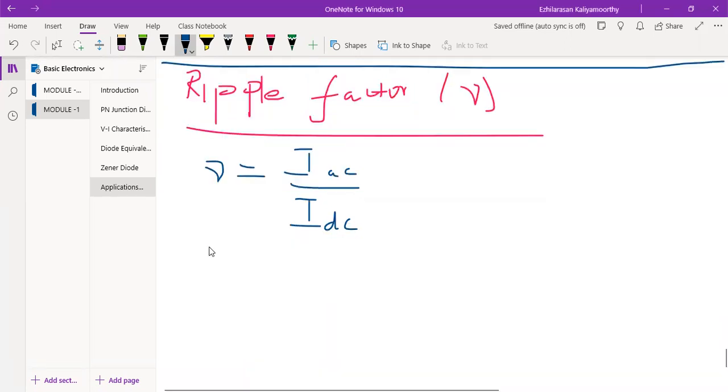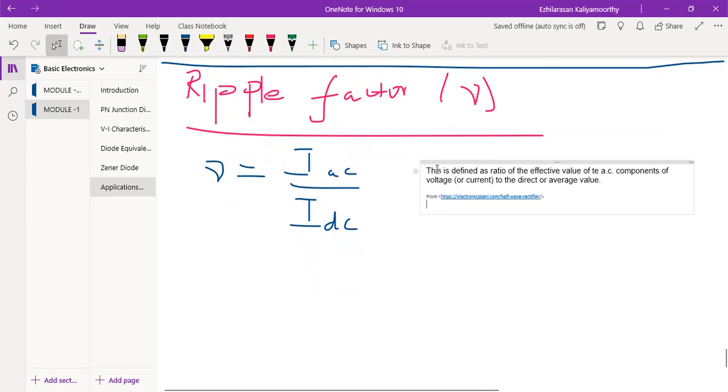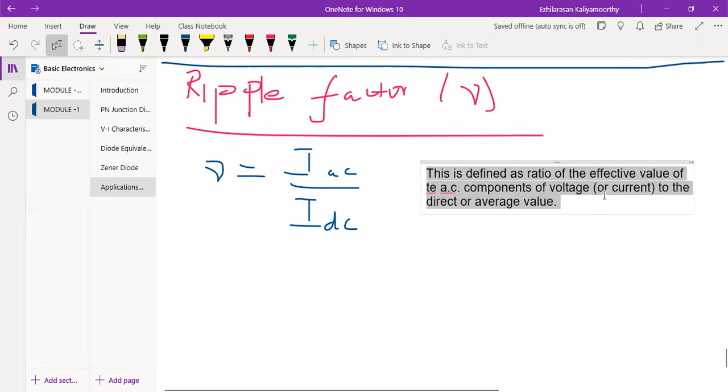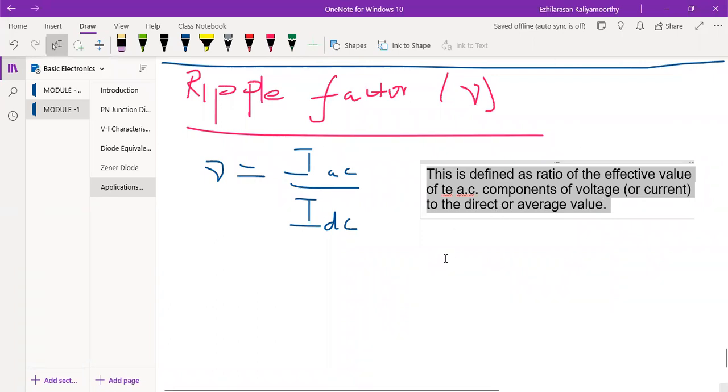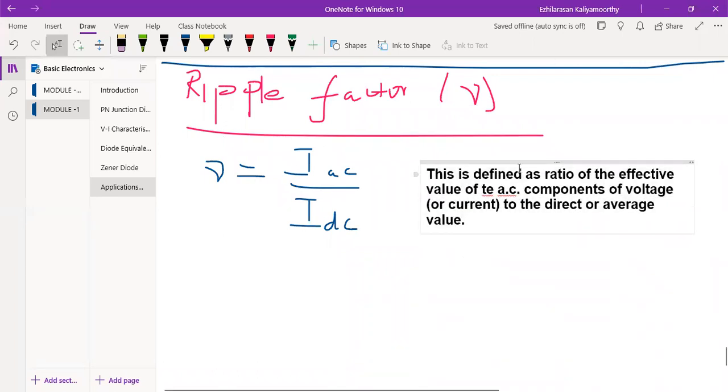So the ripple factor is defined as the ratio of the effective value of the AC components of the voltage or current to the direct or average value.